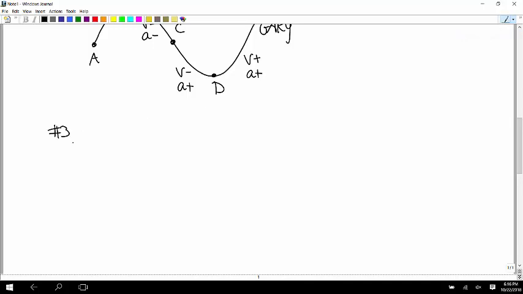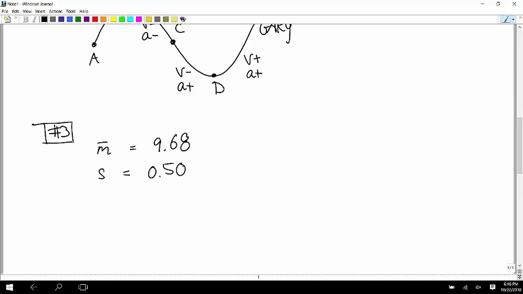Okay, number 3. It says that the average value is 9.68 and the standard deviation is 0.50.